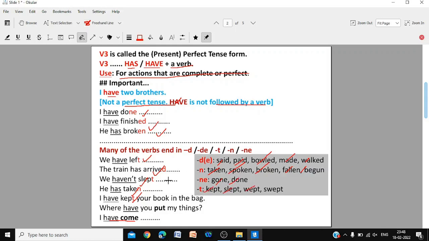But sometimes the verbs may not end in D or T or N, for instance, I have come. So a V3 verb form is used for actions that are complete or perfect and will have the has or have word followed by a verb in V3 form.